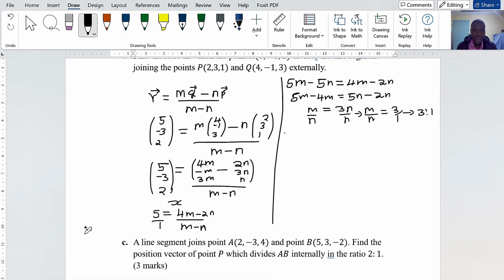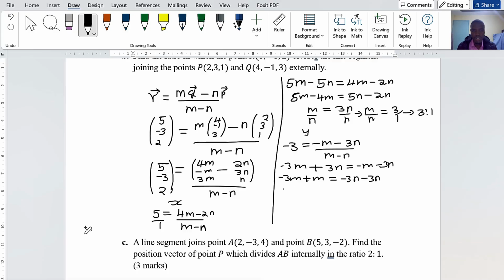Now we need to verify with y. For y, we pick the middle term. So negative 3 equals negative m minus 3n, all divided by m minus n. When you cross multiply, this will be negative 3m plus 3n equals negative m minus 3n. Collect m's together: negative 3m plus m equals negative 3n minus 3n.